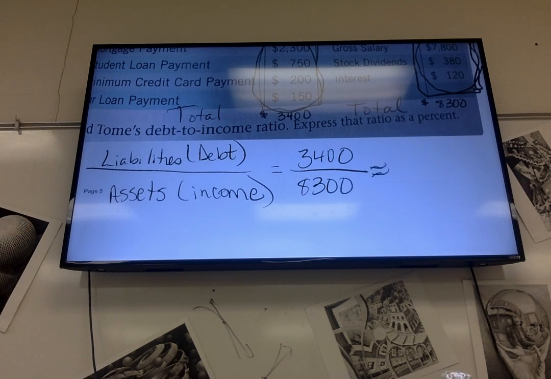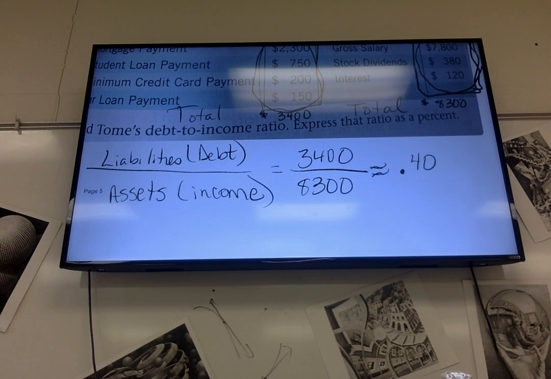And I want 3 decimals here. 3,400 divided by 8,300.